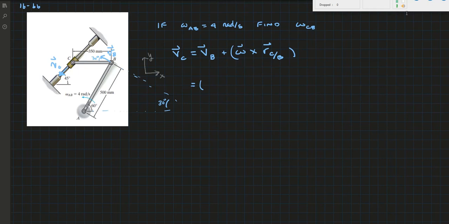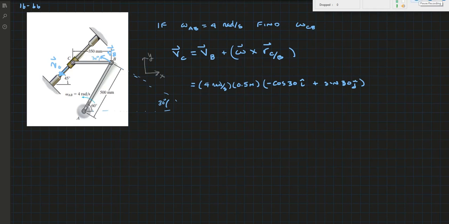In i and j components essentially, the magnitude of the velocity of B is going to be the radius times our angular velocity, 4 times 0.5, and then that will multiply by minus cosine of 30 i, because we're heading in the negative direction, plus the sine of 30 j.